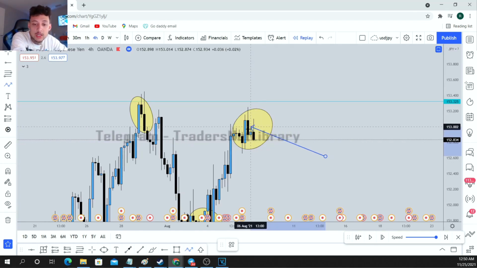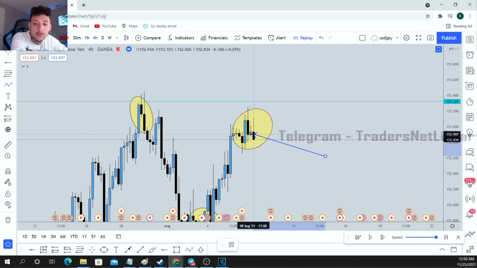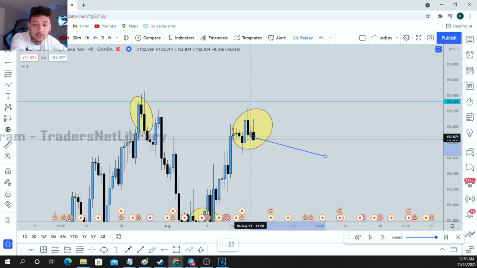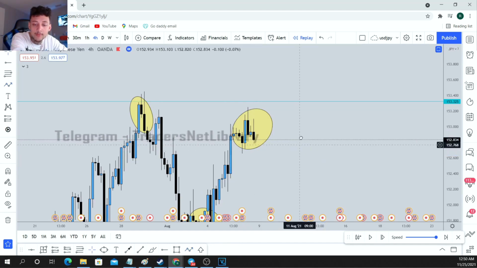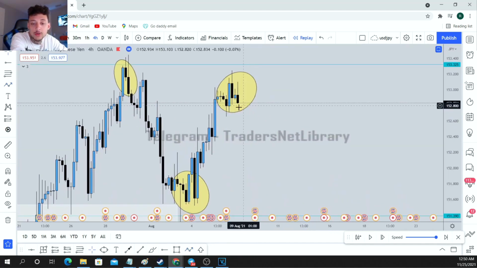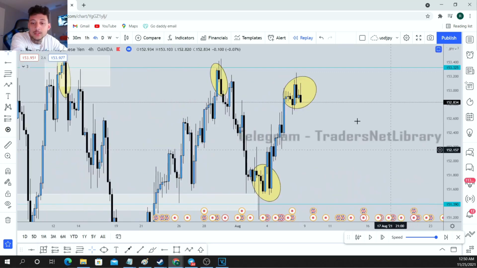So in this situation here, we have a big bullish candlestick. This candlestick didn't engulf. This candlestick didn't close under the lowest low of the previous candlestick, but this candlestick here closed under the lowest low of the previous candlestick there. So this is a bearish variation, and you could definitely take a sell from this bearish variation.